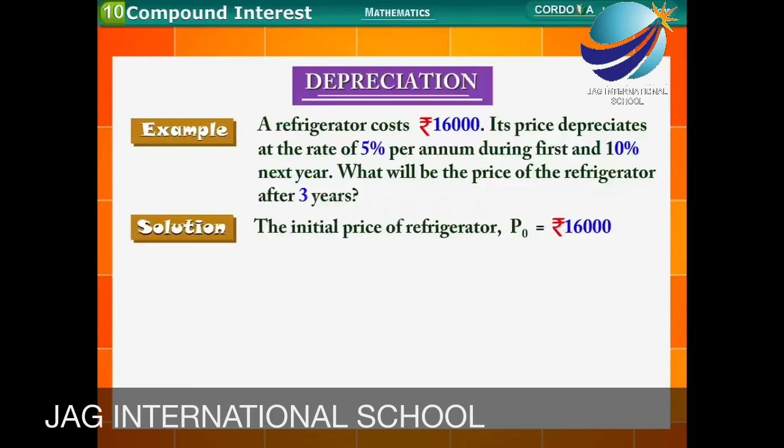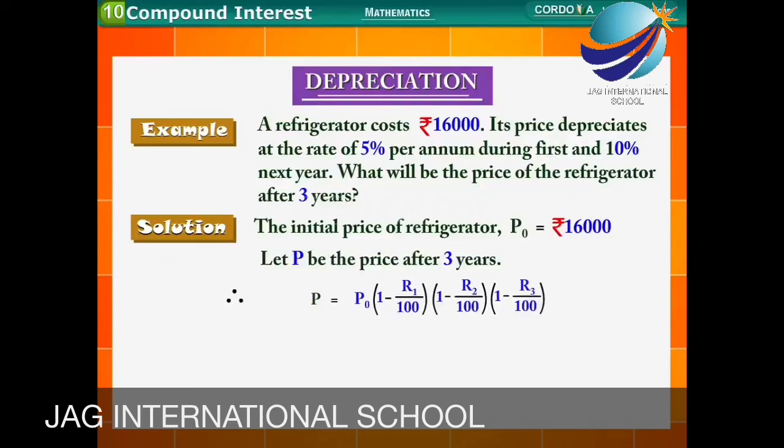Solution: the initial price of refrigerator P0 is equal to rupees 16,000. Let P be the price after 3 years. P is equal to P0 into (1 minus R1 upon 100) into (1 minus R2 upon 100) into (1 minus R3 upon 100).